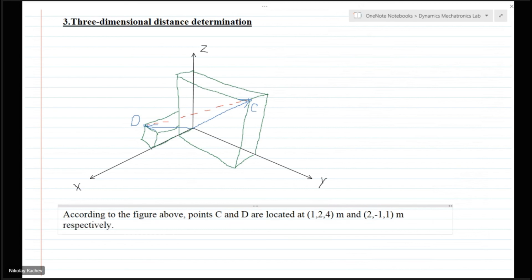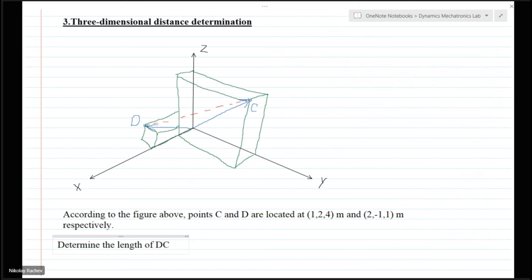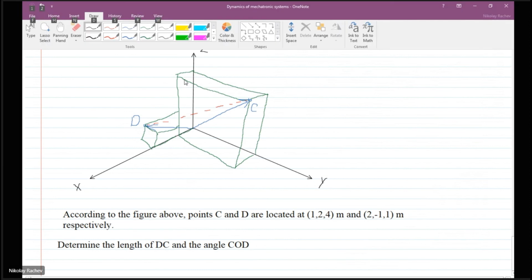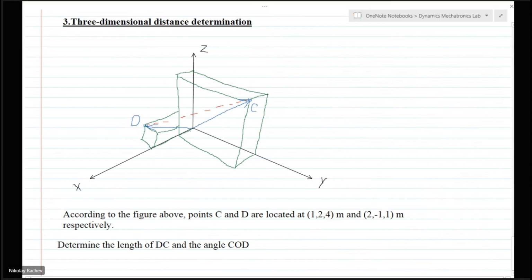Now, the task is the following. I will write it separately just in case. Determine the length, it is something you know already, of DC, and the angle COD, where O is the origin of the coordinate system. I missed that one. I will add it here.